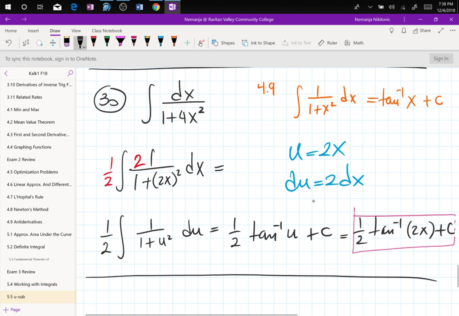Because u is 2x. Because I need everything to be squared. Only x is squared here. So I make 4 into 2 squared and then go from there.